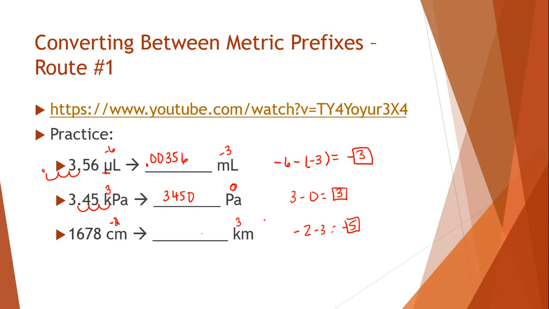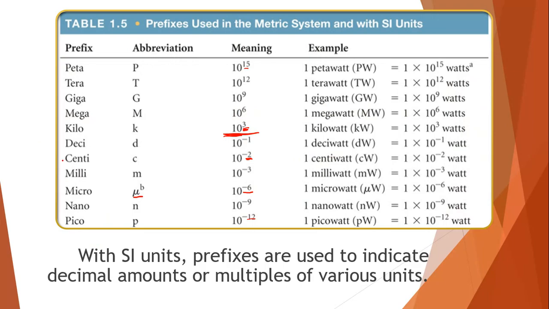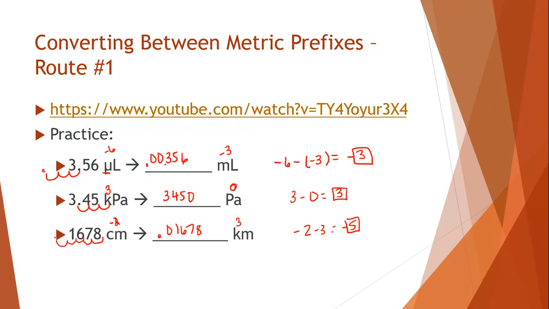Again, typically when you see that negative, it means we're going to move back. So 1, 2, 3, 4, 5. 0.01678. But it should also make sense, if we are going from centi, we're going to move back to kilo. So here is what we get for our answers.